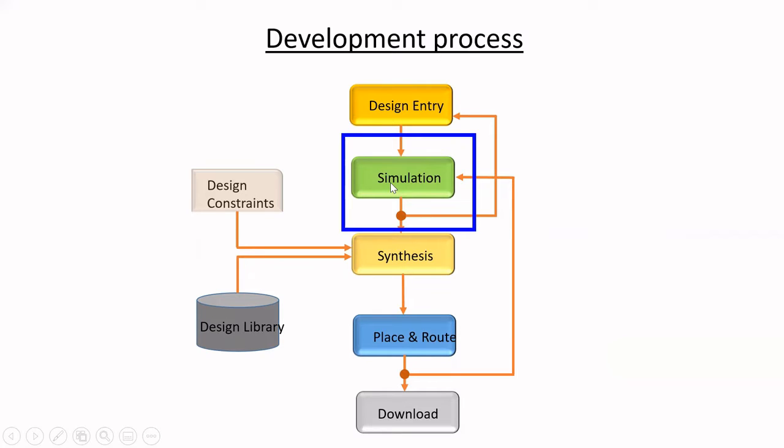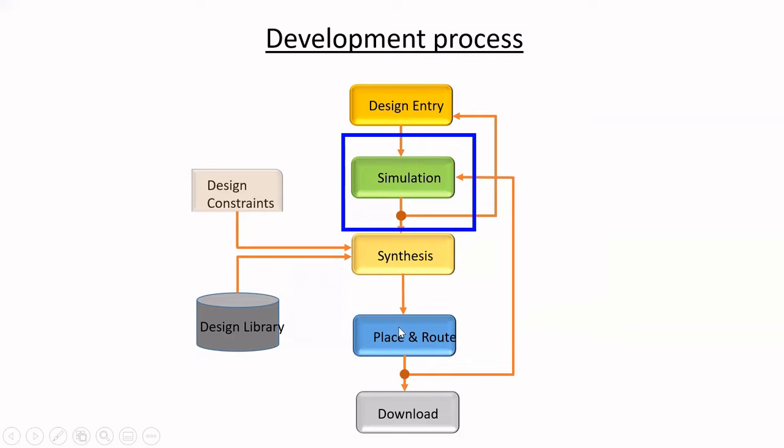So first we do the simulation. If everything works fine, then we go to the synthesis step. And if something goes wrong, the simulation shows that my input and output relation is not what I intended, not what I desired, then I will go back, change the code according to the error, and then perform the simulation again. And whenever it is fine, then I will go into the next step, synthesis, place and route.